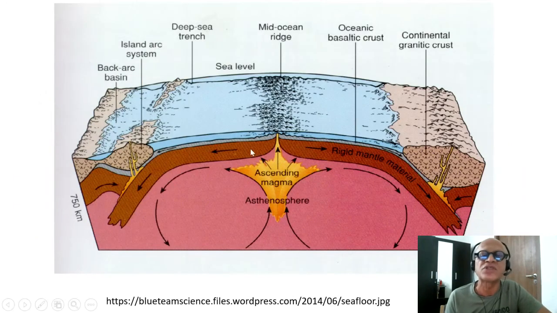So this is another way to look at it. New ocean crust is always being formed at mid-ocean ridges, like the Atlantic one, that's well known. The Pacific has many, the Indian Ocean has a couple, and so on.